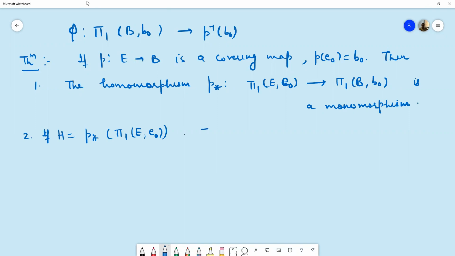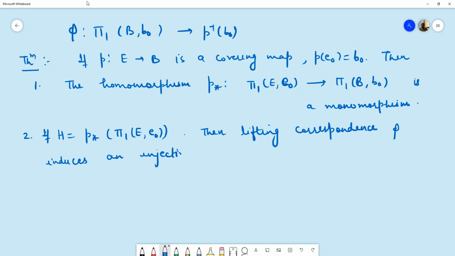then our lifting correspondence mapping phi induces an injective map, say this is capital Phi, from π1(B, b0) over H to P inverse (b0). So basically this lifting correspondence map phi is from π1(B, b0) to P inverse (b0).